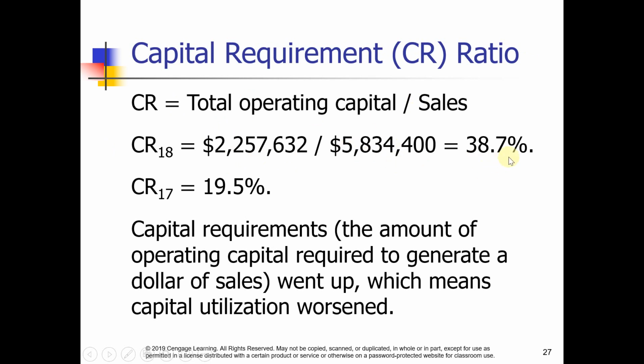So you needed about 39 cents of operating capital to generate a dollar of sales. Whereas in 2017, it was 19.5%. I would check this number because I'm not sure it is right; when I do the calculations, I get a different number. But anyway, the message is that the capital requirement ratio increased.